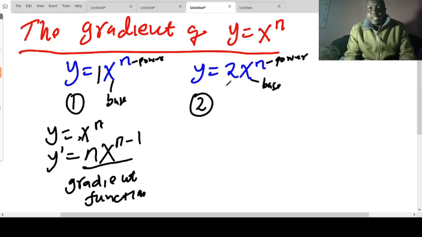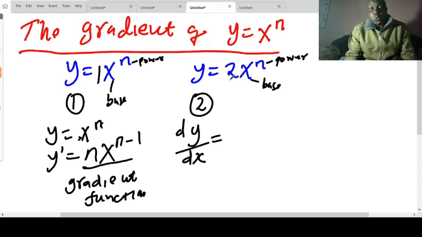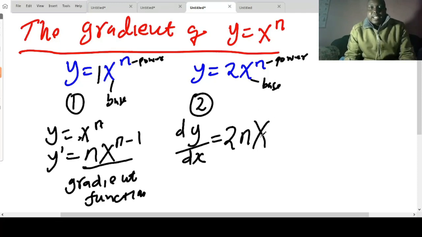Next, case 2. We have dy over dx, that is the gradient function, which is equal to now, the power here is n, and the coefficient is 2. So the power multiplied by the coefficient of x will be 2n, and then the base x, which now has the power n minus 1.